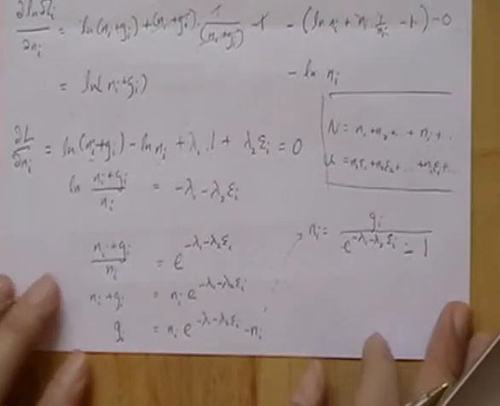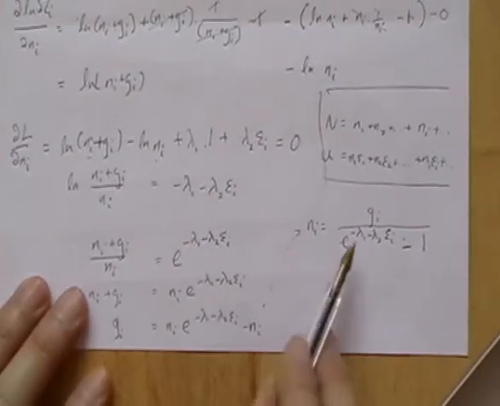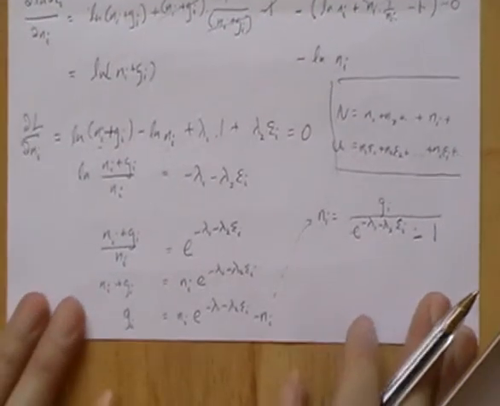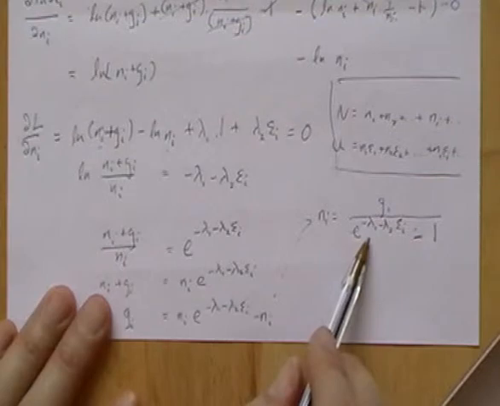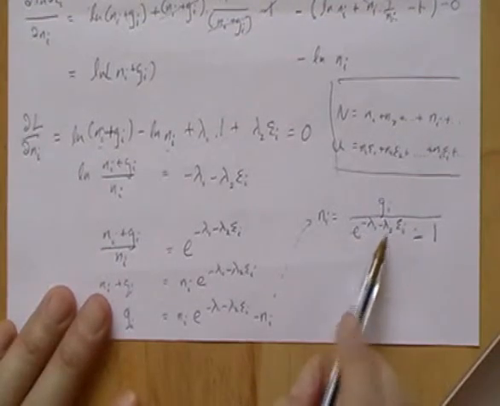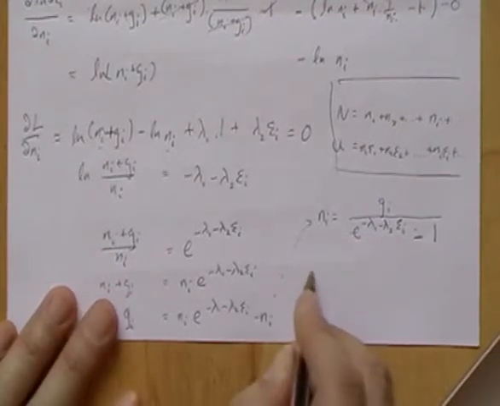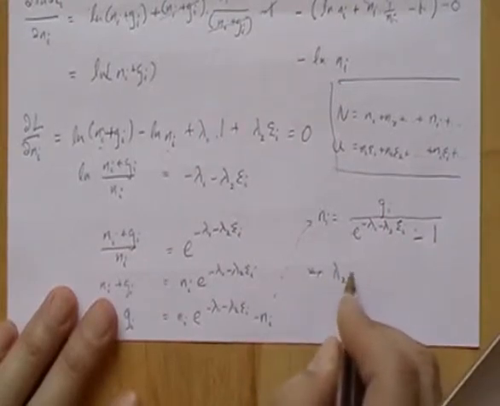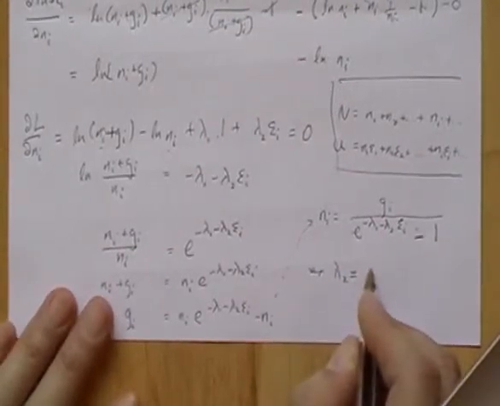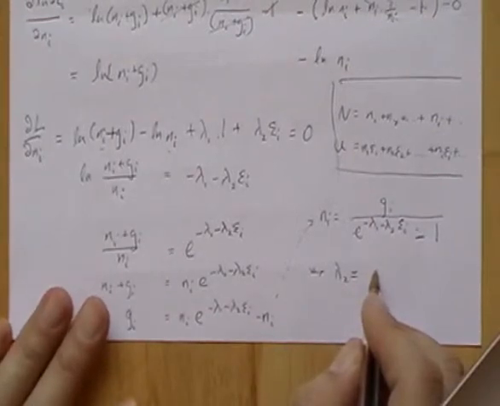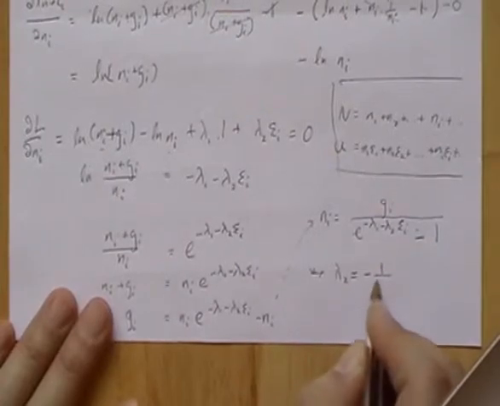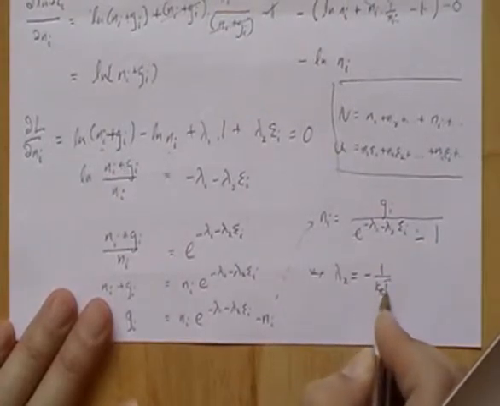Alright, well not exactly yet, because we still have lambda 1 and lambda 2, which are unknowns to think about. But we know how to deal with those. We know from earlier results that for the Boltzmann distribution, lambda 2 is minus 1 over kBT.